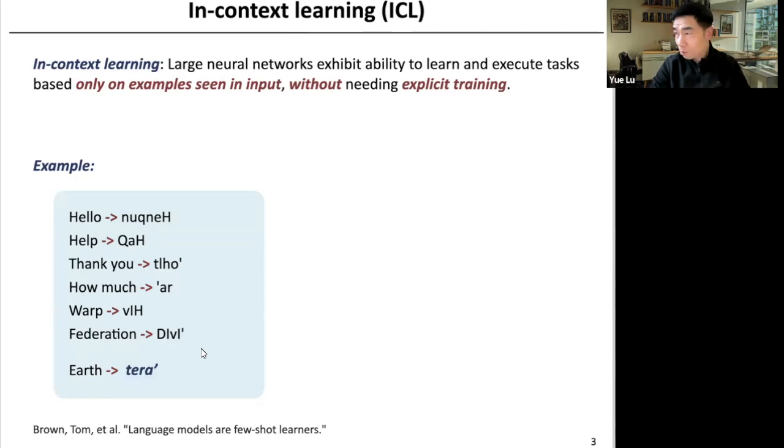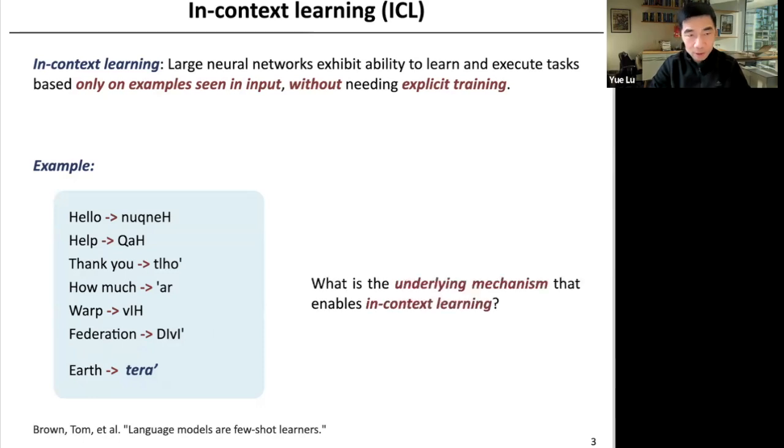Now, this is so-called in-context learning because it's very unlikely that this task of translating English words to Klingon has been included in the training task. But somehow, with the pre-training on a very large data set, the neural network will be able to learn from this very short sequence what is the goal of this task and to perform this task. And this is sometimes referred to as in-context learning.